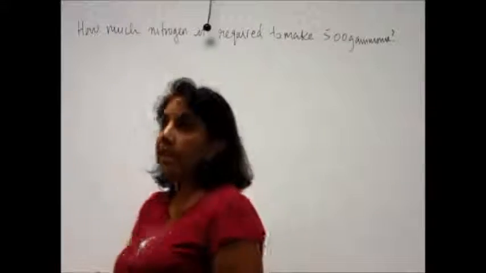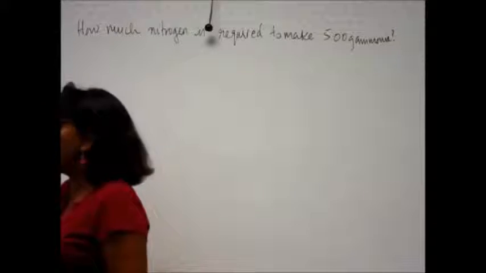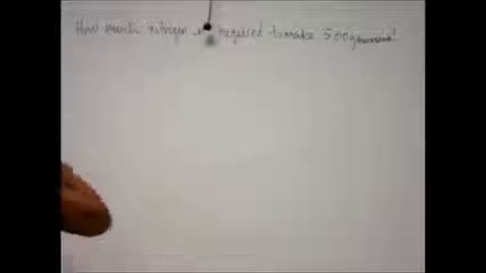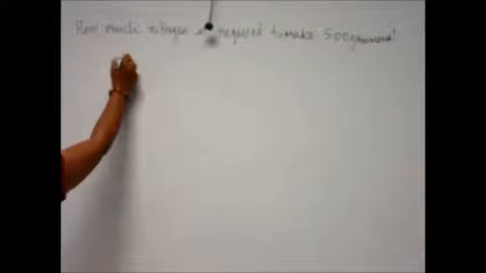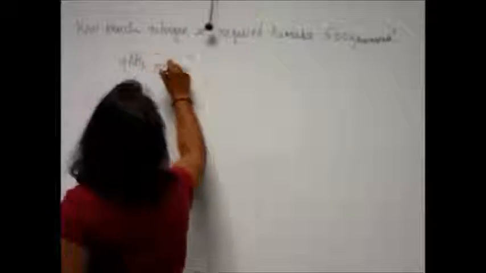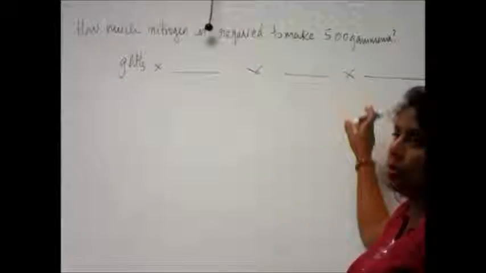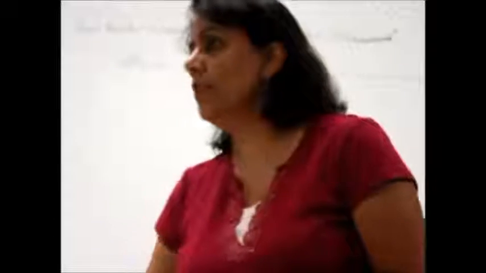So take a minute, look at how I set this up, and you set it up as well. You're going to start with, this time, grams of ammonia. All I would like you to do is just do the units. Don't worry about the numbers. Just set up the units that you would use to calculate this first.